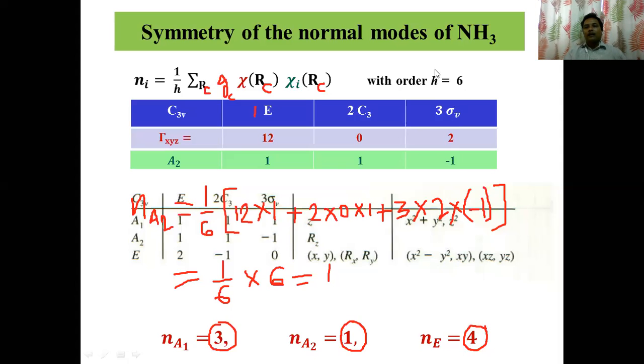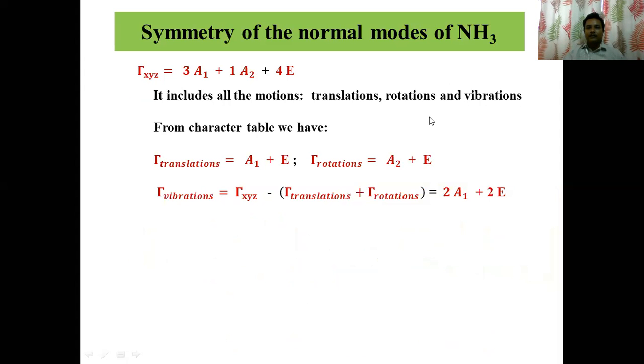So, clear the drawing, right? Now here are the numbers for the total reducible representation of what we get, that is 3A1 plus 1A2 plus 4E. Now I should be having a total of 12, because this is a 12-dimensional problem, that should be consistent.